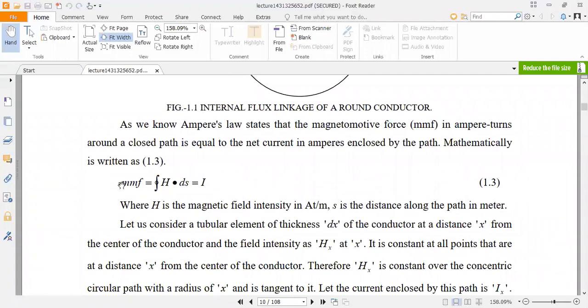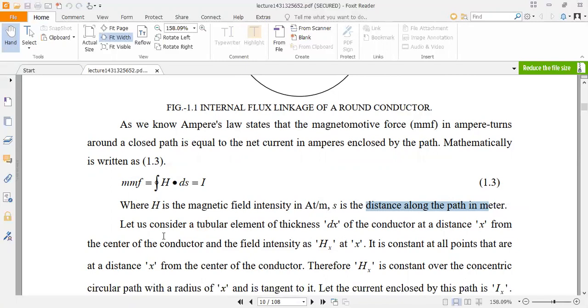So this is the formula of Ampere's law: the MMF is equal to the integral of H dot ds. ds is the smallest part, and the integral is over the closed path, where H is the magnetic field intensity, which can be measured in ampere turns per meter, and s is the smallest distance along the path.